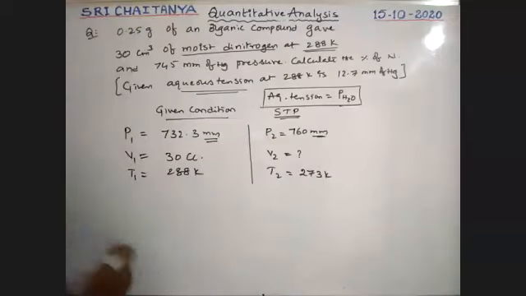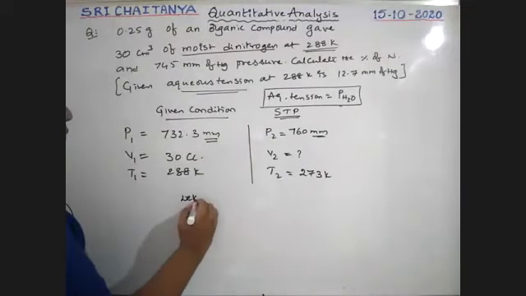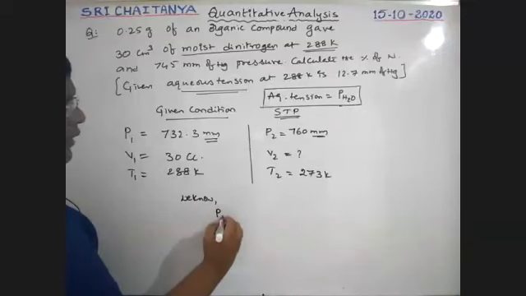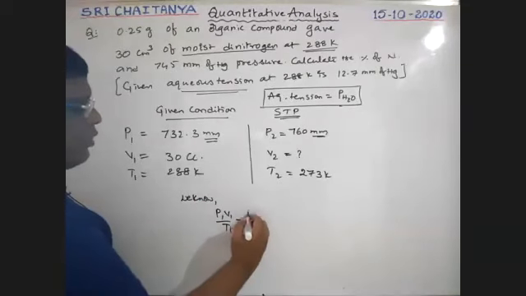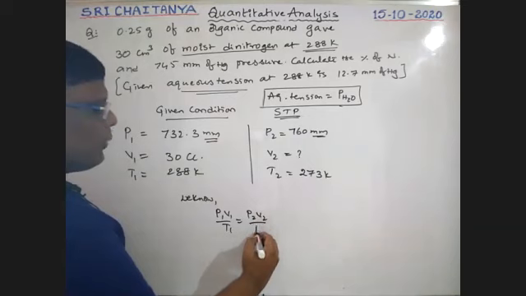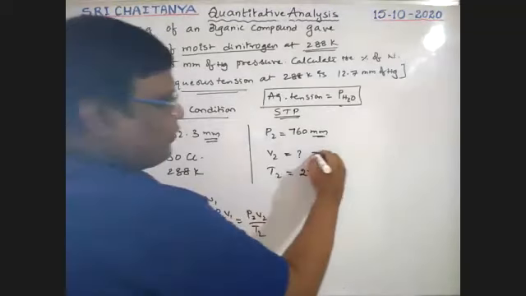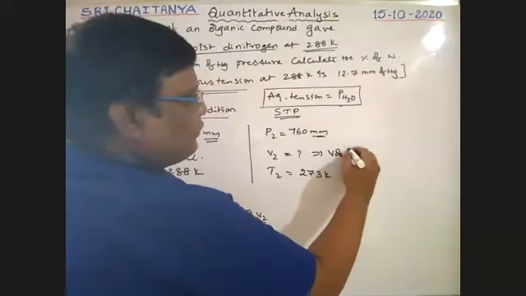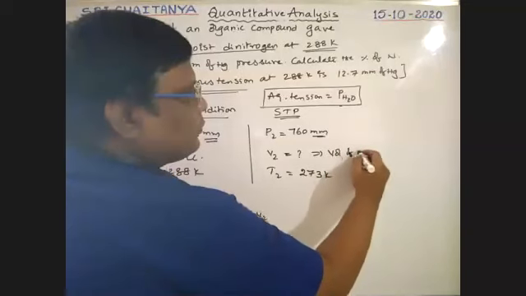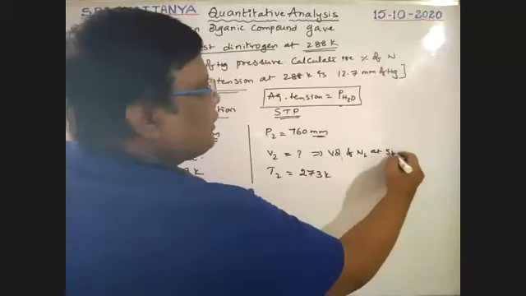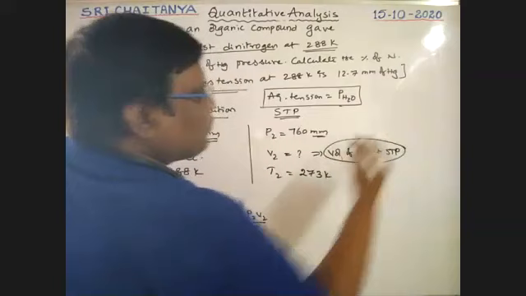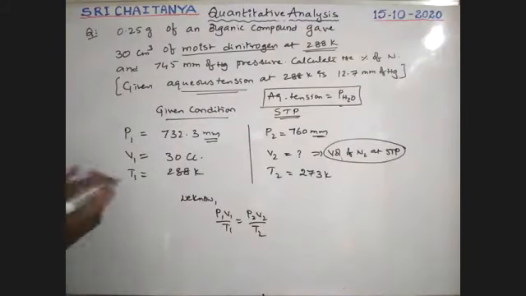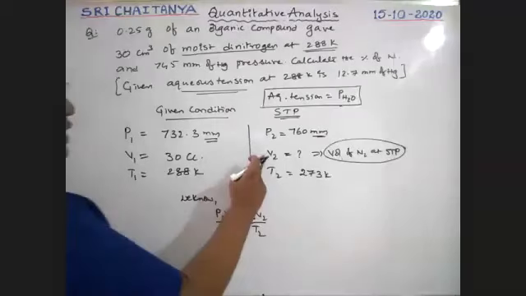That is, P1 V1 by T1 is equal to P2 V2 by T2. What is this V2, boys? That is the volume of N2 at STP. Now I am trying to find the volume of N2 at STP. So I want to find V2.